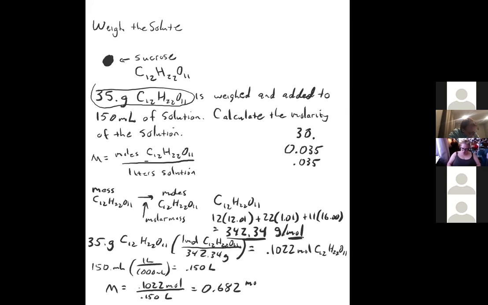Again, you have 2 ways in which you can report the units. You can write it explicitly as moles per liter, or you can just write it with a capital M. So that's close to 0.7. That's the molarity of sugar in a can of Coke. It's around 0.7 moles per liter.